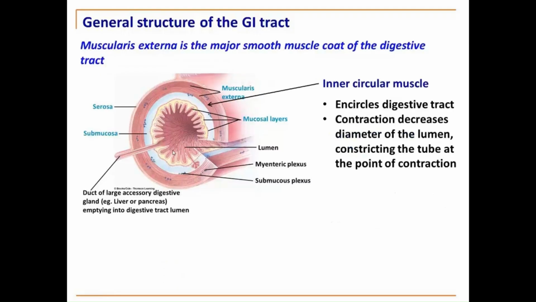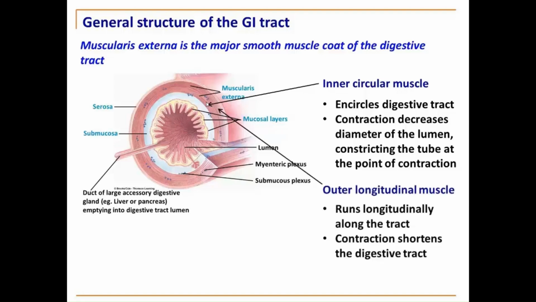So the muscularis externa, this is where we have the smooth muscle coat of the digestive system. We have an inner circular muscle, which is shown in the inner part. This encircles the digestive tract, and contraction of that particular part decreases the diameter, so it closes in, constricting the tube at the point of contraction.